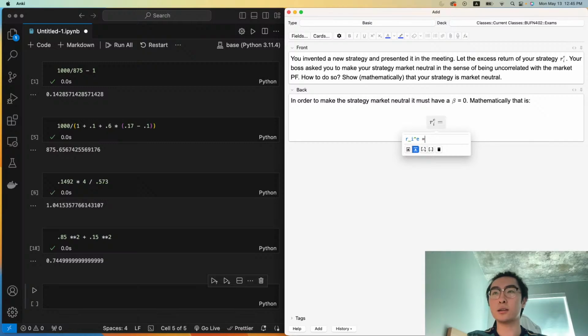Or we could say alpha, beta 0 plus beta 1 times the market risk premium, RP, and maybe plus some epsilon i.